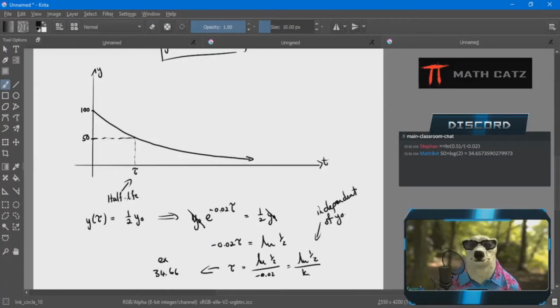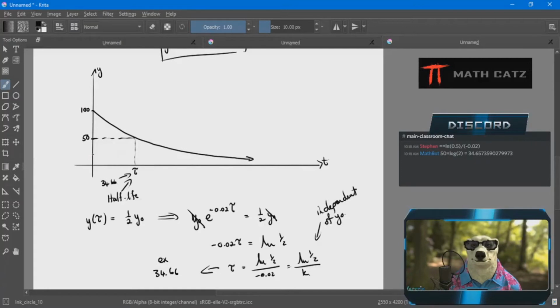It could be years, it could be months, who knows. Let's say years. The radioactive substance takes about 34.7 years to reach half of its original amount.